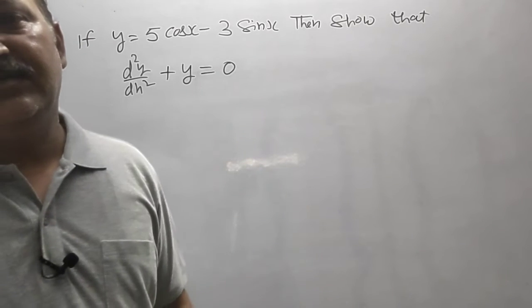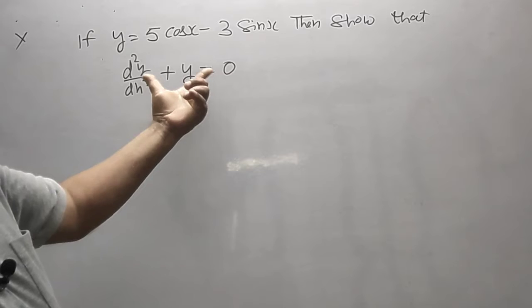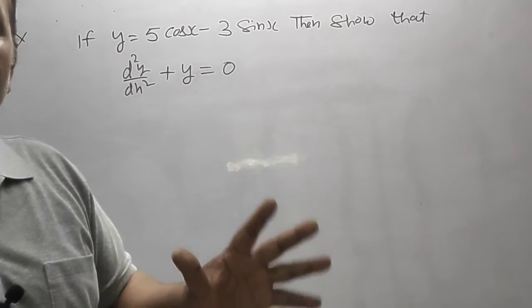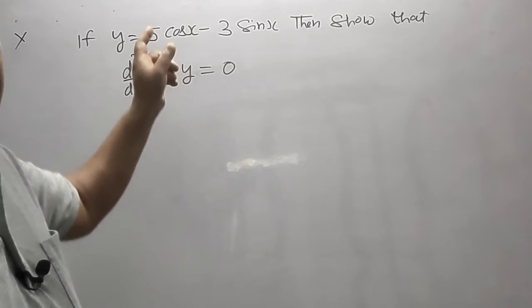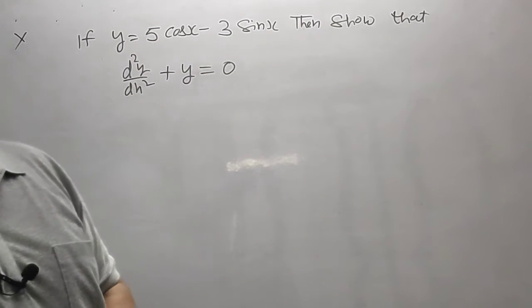This is the question. And here, in order to prove this, in order to show this, you have to find the second order derivative of y. Hence, it is the question of the second order derivative.